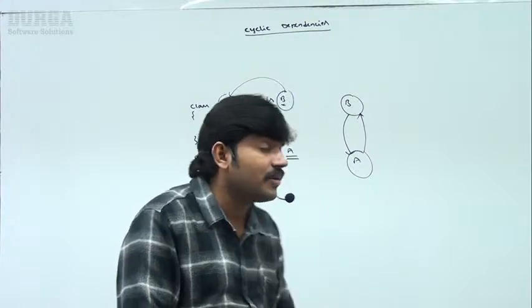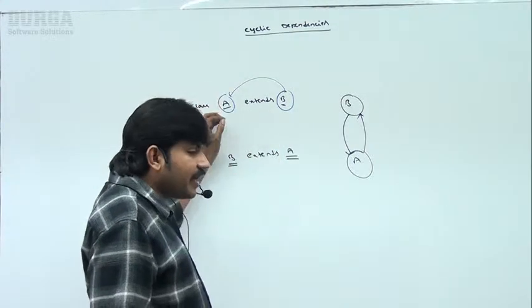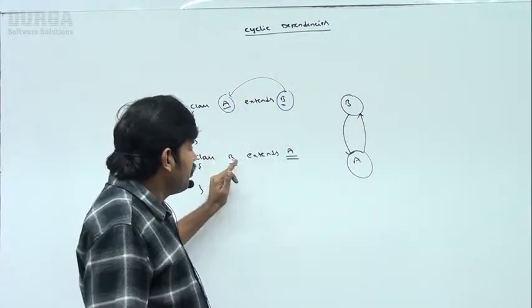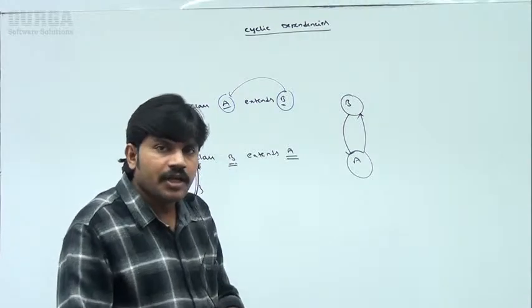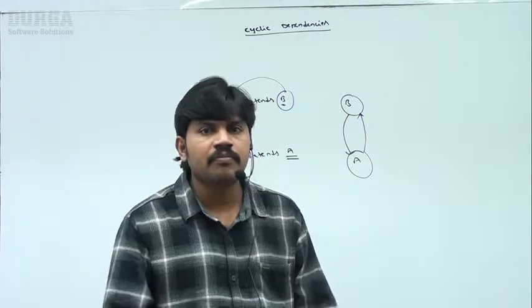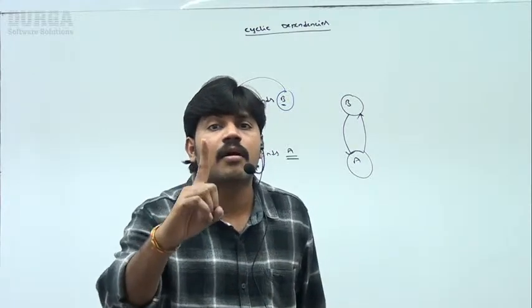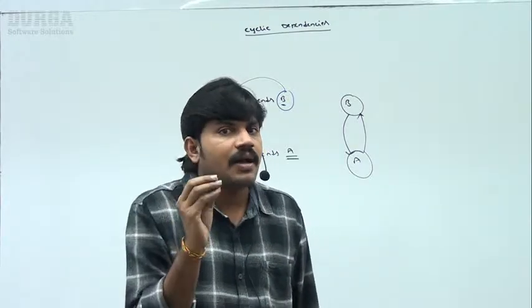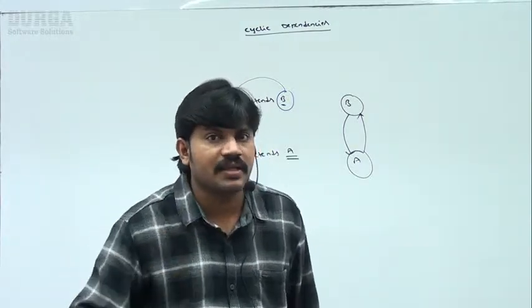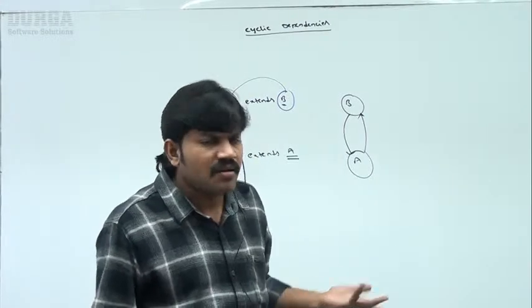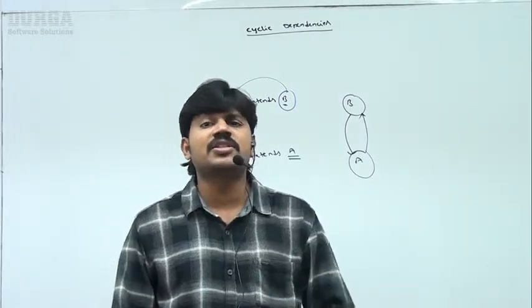Observe once again. A requires B functionality, B requires A functionality. A requires B, B requires A means why do you have to take two things? Better to combine into a single component only. That is why cyclic inheritance is not allowed. Really, in programming there is no such requirement, right?